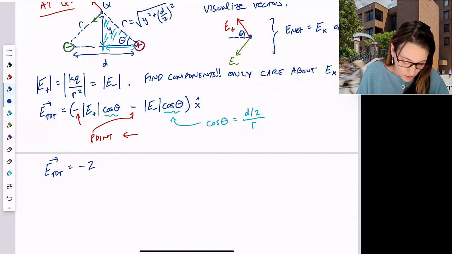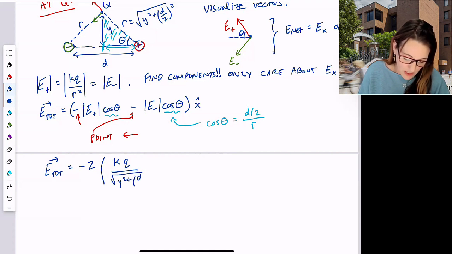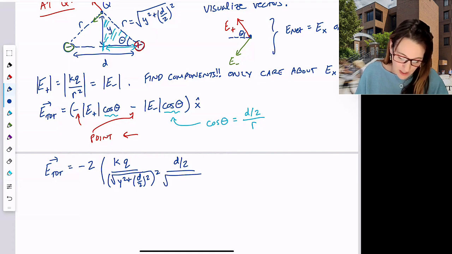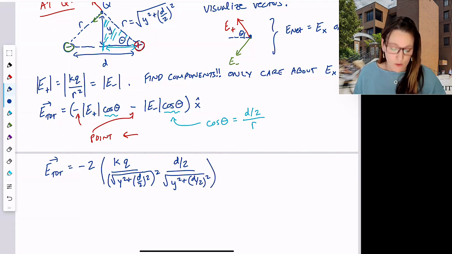I'm going to say 2 times, then I'm going to write it out one time, KQ over r squared, which is the square root of y squared plus d over 2 quantity squared, whole thing squared, right? And then times the cosine of theta, which is d over 2, times, again, the square root of y squared plus d over 2 squared.